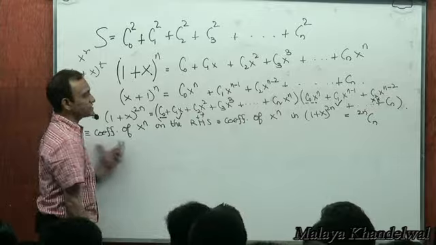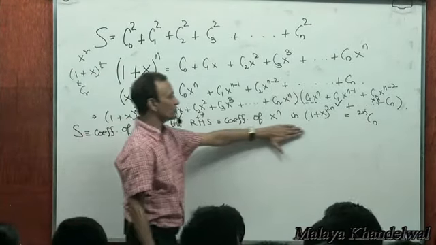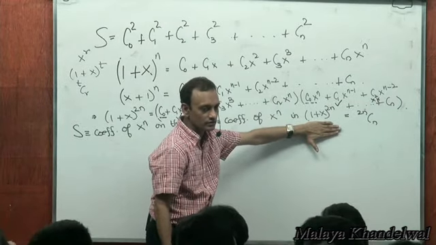Did you understand that S is the coefficient of x^n on the right hand side, and that must be the same as the coefficient of x^n on the left hand side?